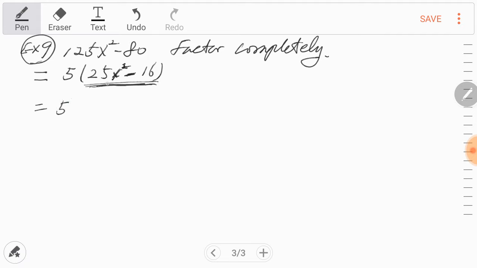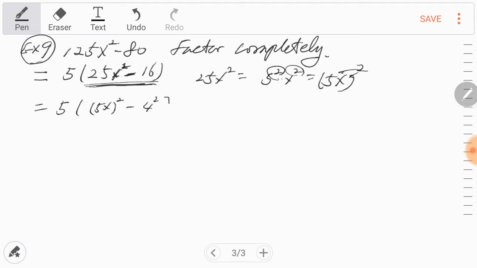So 25 is 5 squared. So 25x squared, then 25 is 5 squared, x squared. So both squared, so we can put 5 and x together, 5x squared. So once we distribute this, then it's 25x squared. So the first part is 5x squared minus 16 is 4 squared.